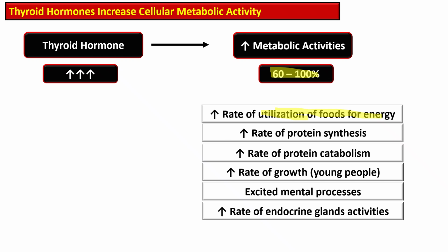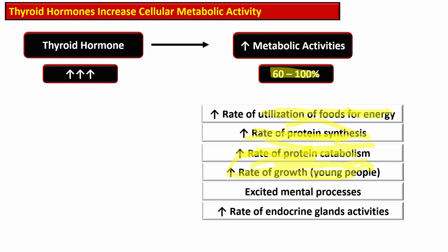Then there is an increased rate of protein synthesis that has the anabolic effect, and also an increased rate of protein catabolism. So it is forming the proteins, and also degrading the protein for energy. It is also responsible for enhanced growth in children and adolescents.